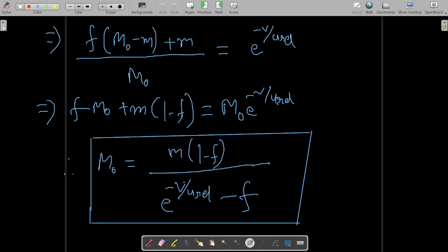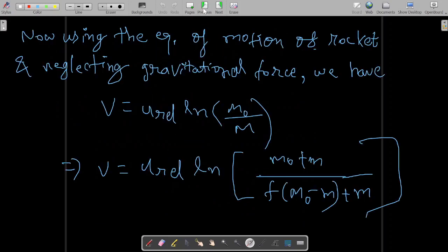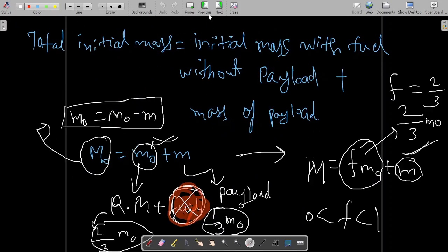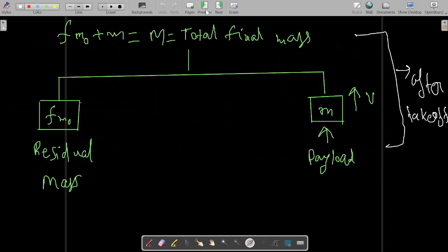And you have found it in terms of payload. Okay, initial mass of the rocket before takeoff, you have found it to be in terms of this payload mass. Okay, because small m is the mass of payload, right? Small m is the mass of payload, you can see over here.